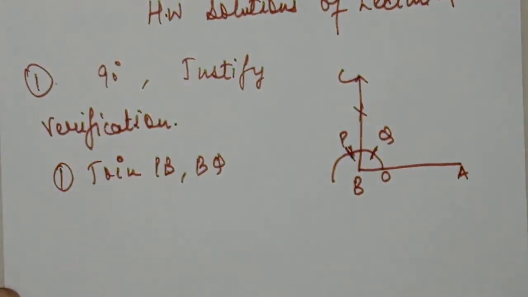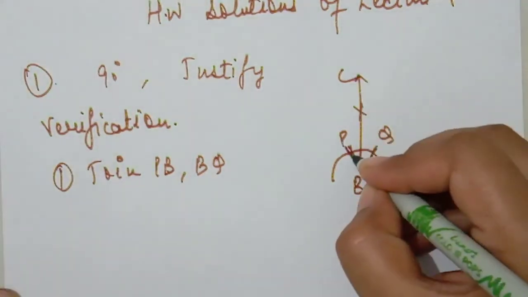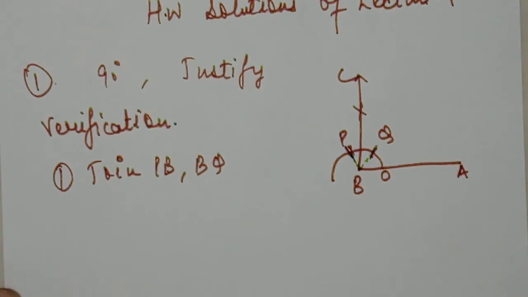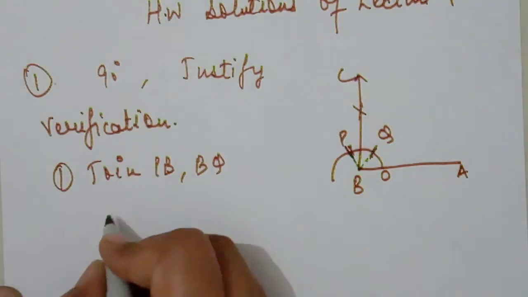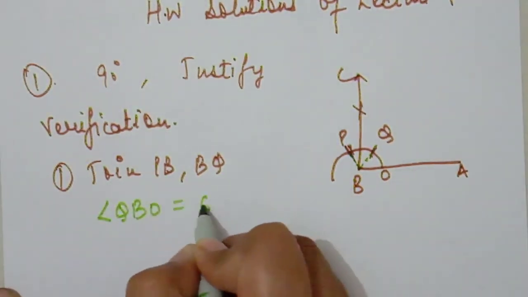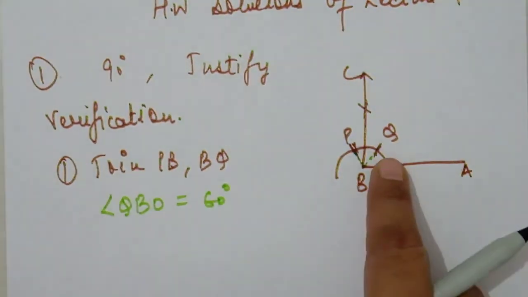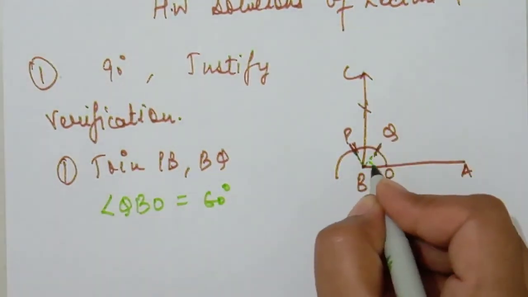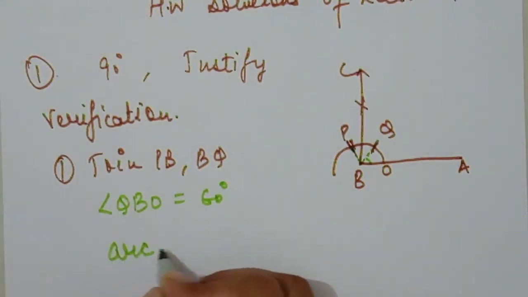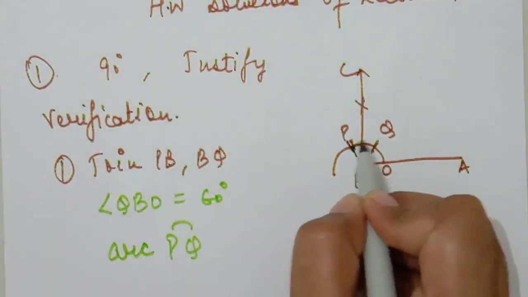So I will draw with the help of another color of pen, then it will be clearly visible to you. When we join these 2 points, how do we prove that this is a 90-degree angle? Angle QBO is 60 degrees. We know very well that this part of the angle is 60 degrees.